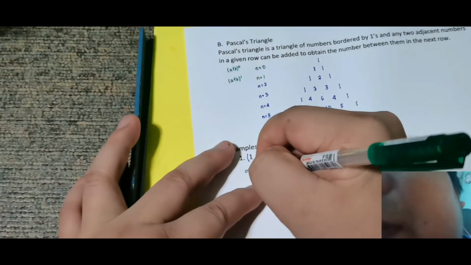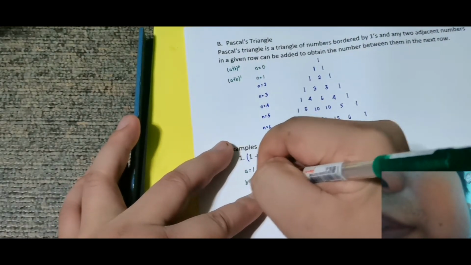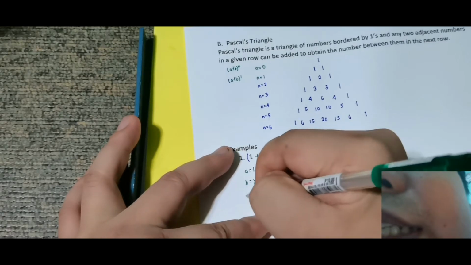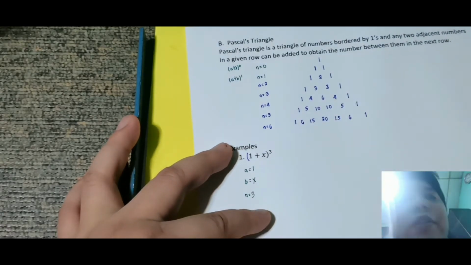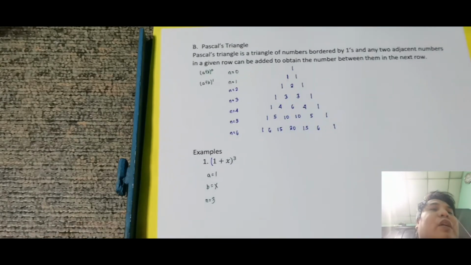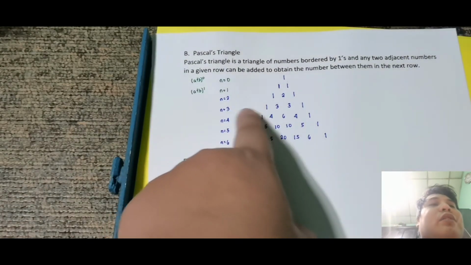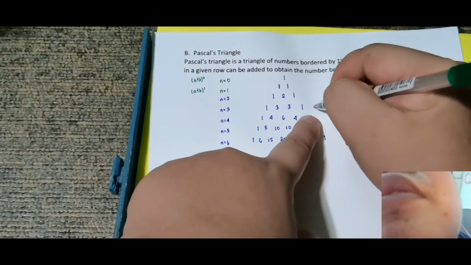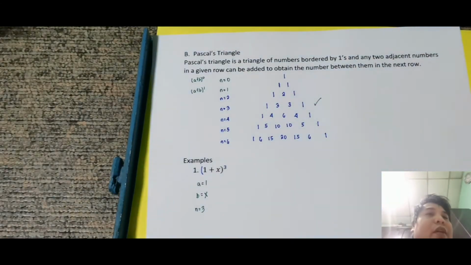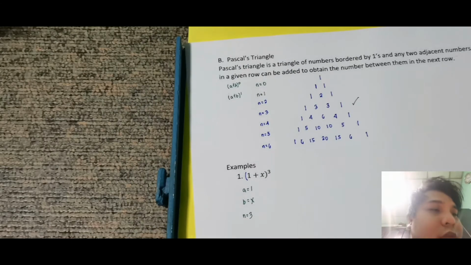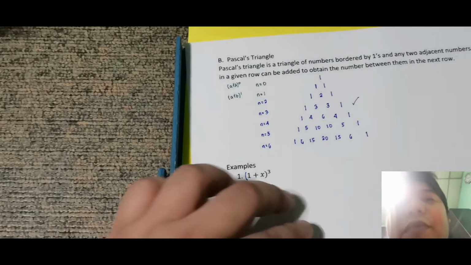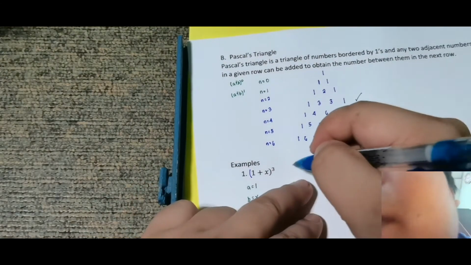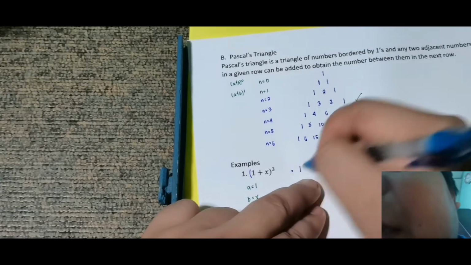Our a is 1, our b is x, and our n is 3. So in our line, what do we expect? For n equal to 3, this is 1, 3, 3, 1. Let me check. That's what we will use. So for the solution, first I will put the coefficient 1. This is equal to 1.